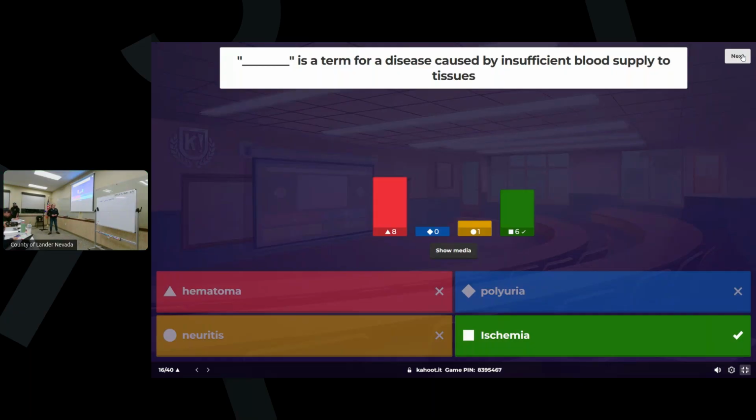So ischemia, hematoma, hema meaning blood, right? Neuritis, neur, right? Some kind of inflammation. And then poly, we talked about. What is poly? Many. A hematoma is excessive blood to the area, like localized blood flow. It's like a bruise, like a swollen bruise.